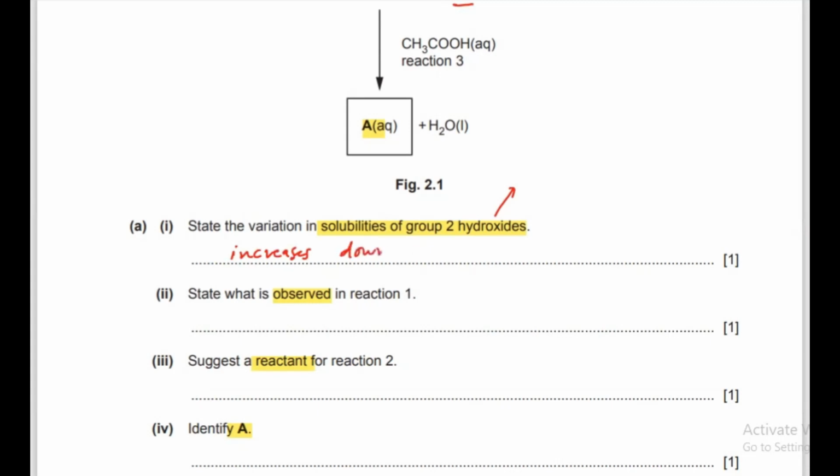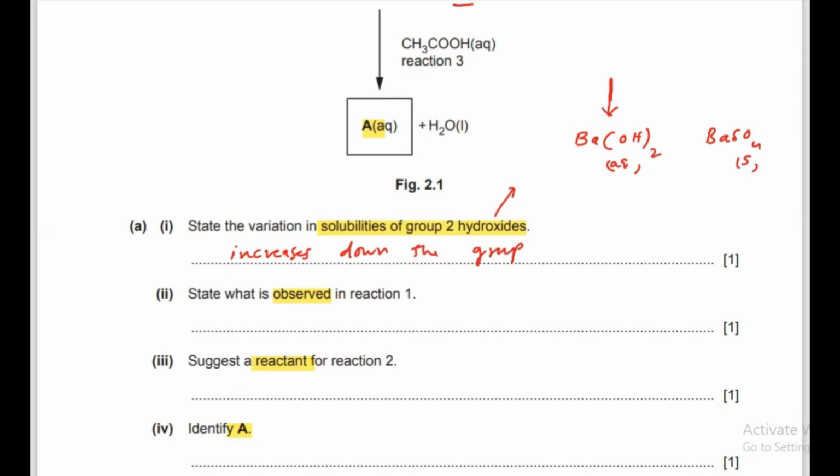Increases down the group. Students will have to remember the solubility of hydroxide and sulfates in their syllabus. Just remember from these two compounds, barium hydroxide and barium sulfate. Barium hydroxide is aqueous, this is alkali, and barium sulfate is a white precipitate.